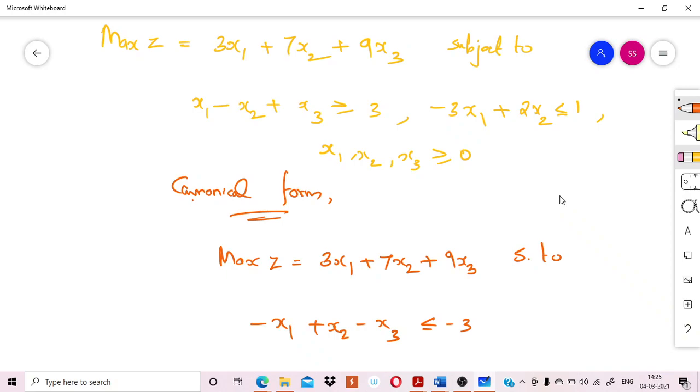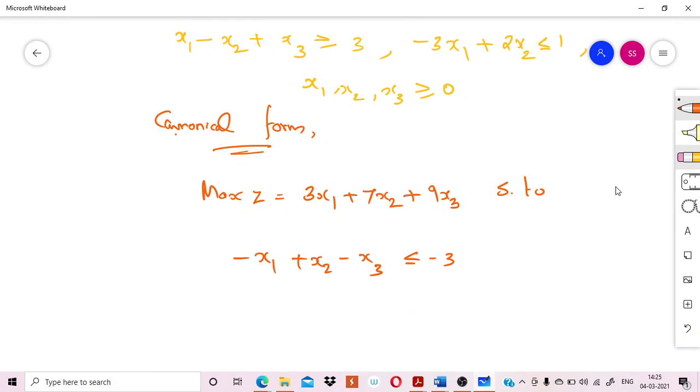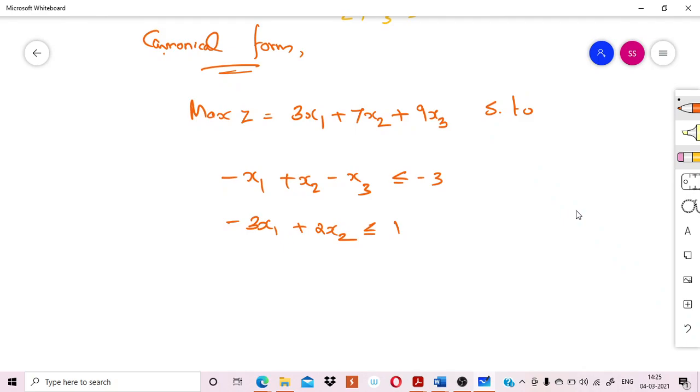Now all the others are the same: minus 3x1 plus 2x2 less than or equal to the constant. And also x1, x2, x3 greater than or equal to 0. So this is our canonical form.